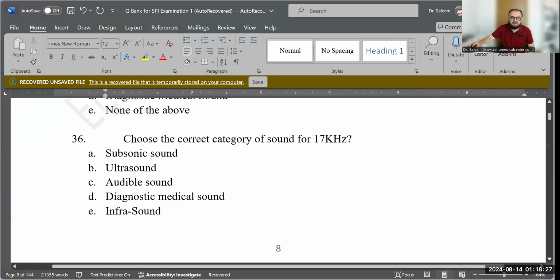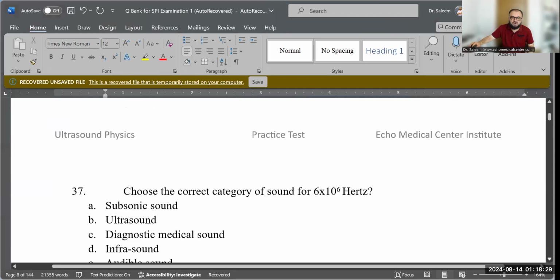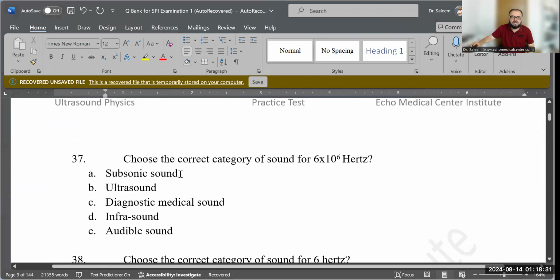Correct. Next. The next question is choose the correct category of sound for 6 times 10 to the power of 6 hertz. Now, let's make this question a little easier. 10 to the power of 6 is 1 million, that is 6 zeros in total.